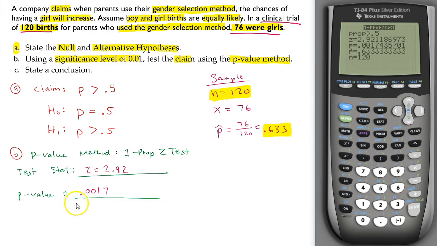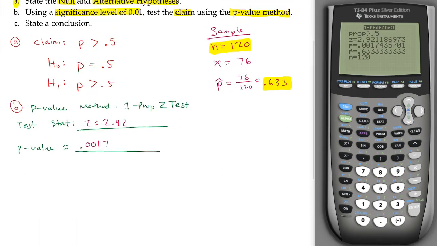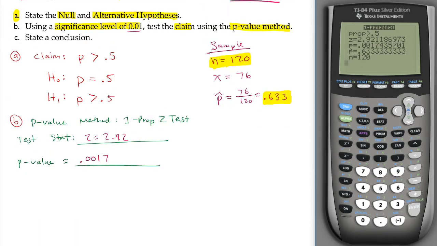Another question is, how low does the probability have to be? When is it low enough that we can say this probably didn't happen by random chance? That's where the significance level comes into play. The significance level is always predetermined in any statistical test. It's represented with the Greek letter alpha.